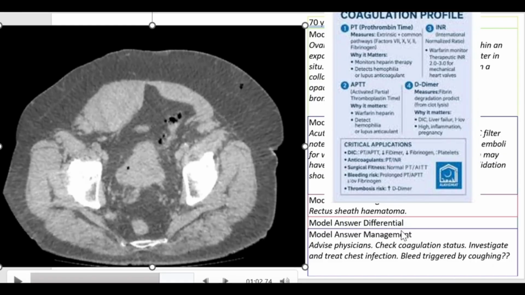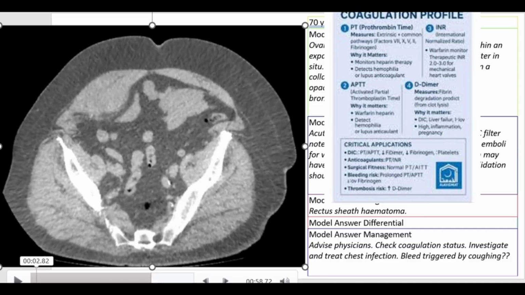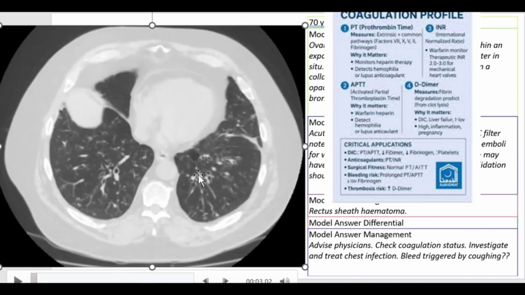So the management here, this patient needs more lab investigations. For his bleeding disorder, this patient needs a coagulation profile. And for the probability of a chest infection, this patient may need a complete blood count.